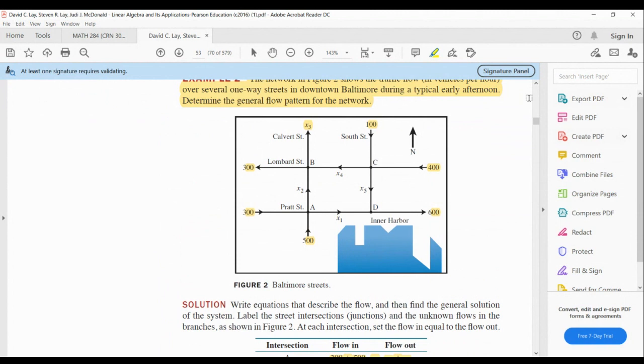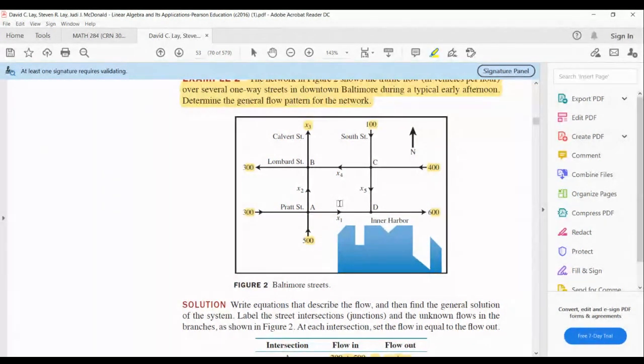So, for instance, you might want to have a bus stop, maybe X2 there, on Calvert Street somewhere between Pratt and Lombard Street, and the 2 lanes narrow to 1 or something. So maybe a lot more cars would come through on Pratt Street than on Calvert Street, because people might go around.